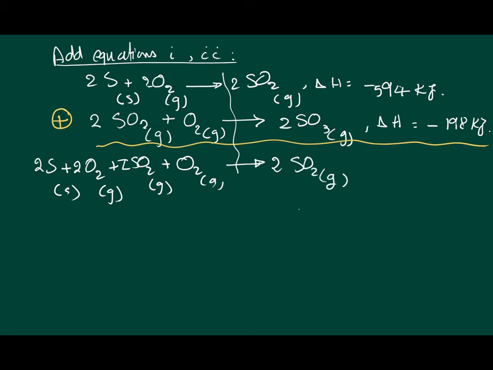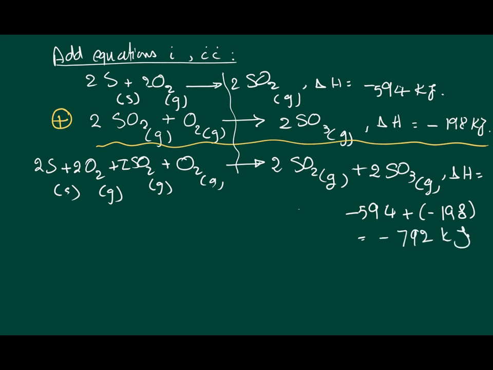Gives 2SO2 plus 2SO3. And the delta H will be minus 594 plus minus 198 equals minus 792 kilojoules.